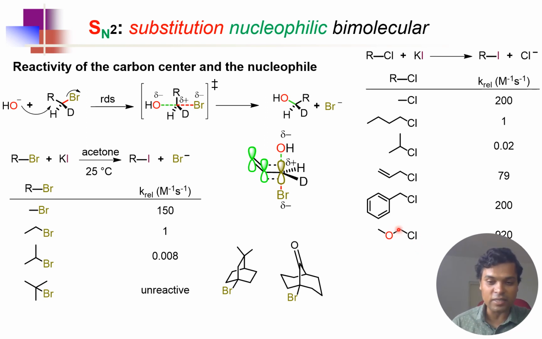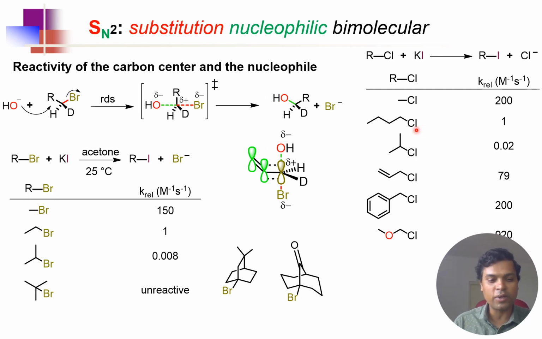So two effects are operating here. One, the electron withdrawing nature will attract the nucleophile more. At the same time, it can also stabilize the transition state. Because of these two effects, it increased the rate over 900 times compared to the butyl chloride.